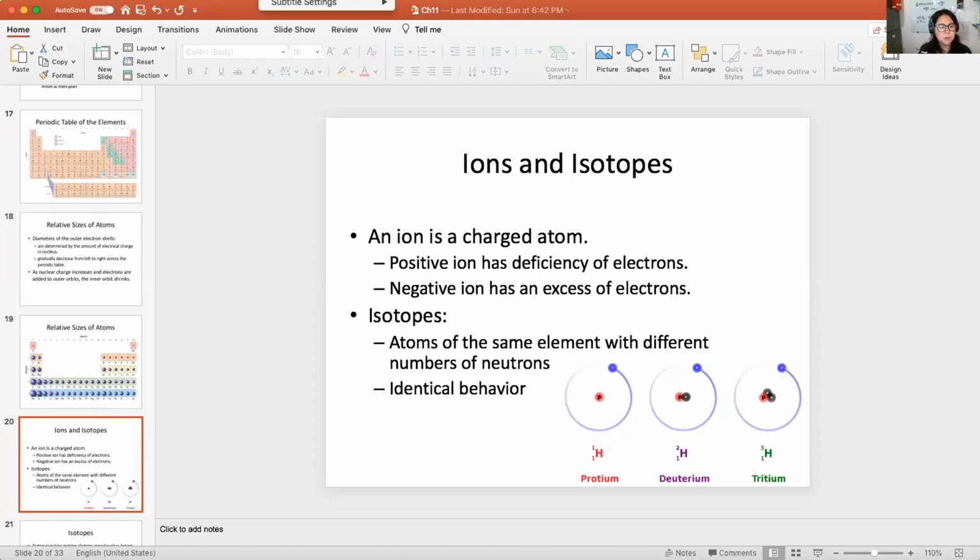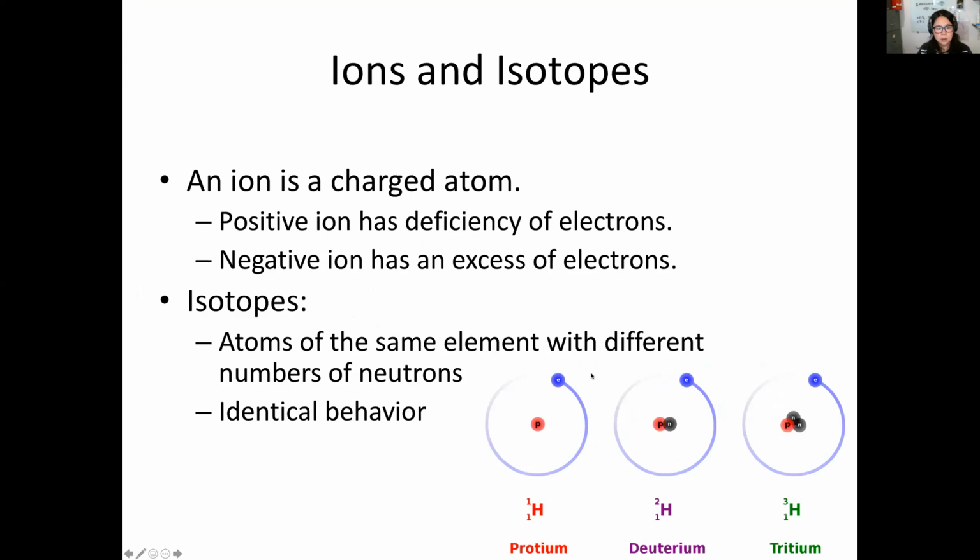Start from current slide. Here I have a definition of ion. A positively charged ion means a deficiency of electrons, and a negatively charged ion means an excess of electrons. And isotopes means that it's still the same element, but it has a different number of neutrons. On the left here, we have a hydrogen model.